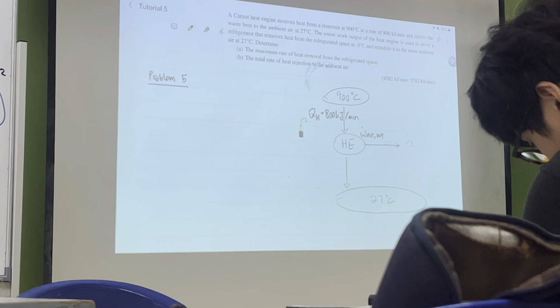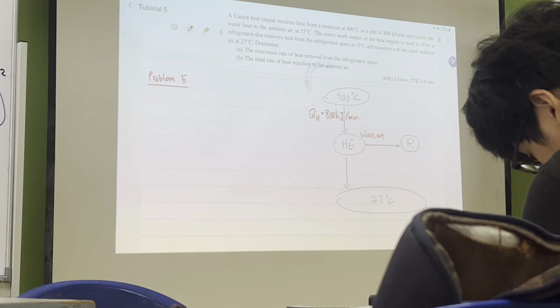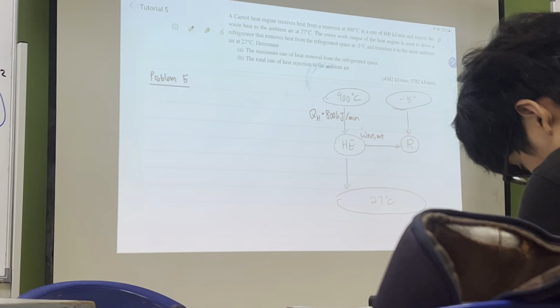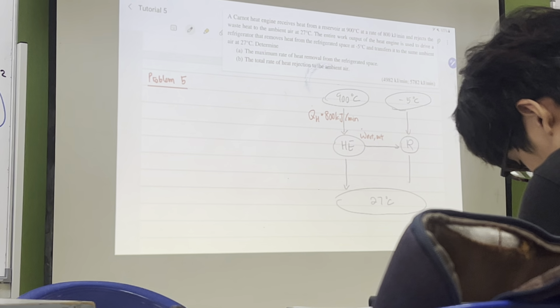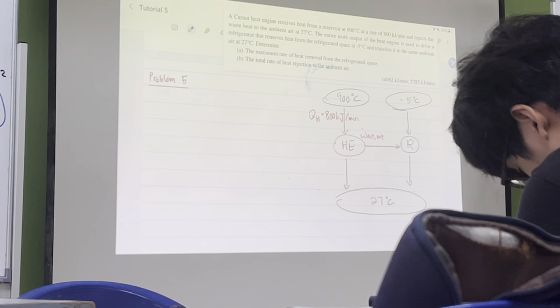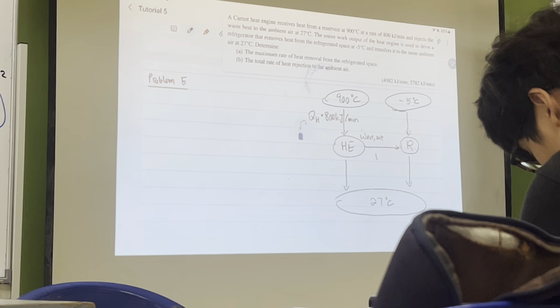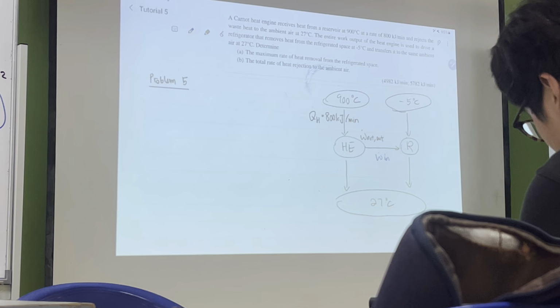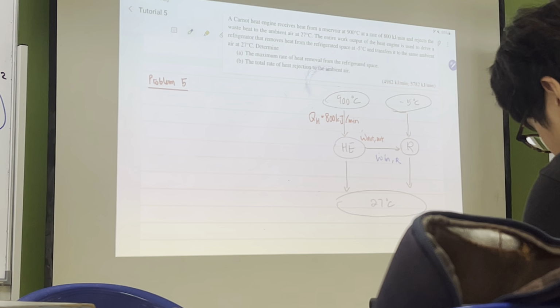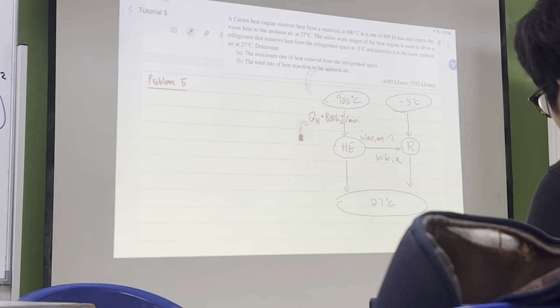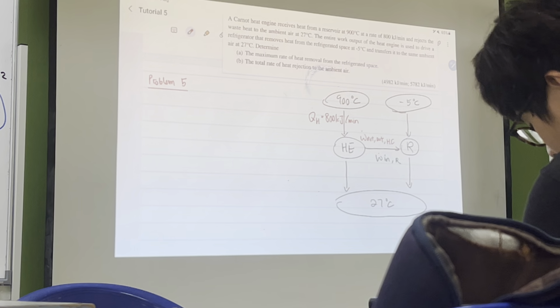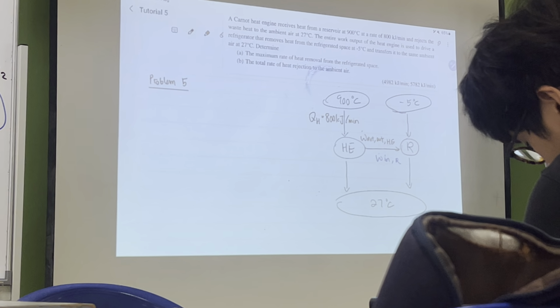So this entire net work output will go to a refrigerator, which removes heat from the refrigerated space at -5 degrees Celsius and transfers it to the same ambient air. Here I will use the blue one to represent the refrigerator, but of course in the exam you cannot really do this, so you define it properly.